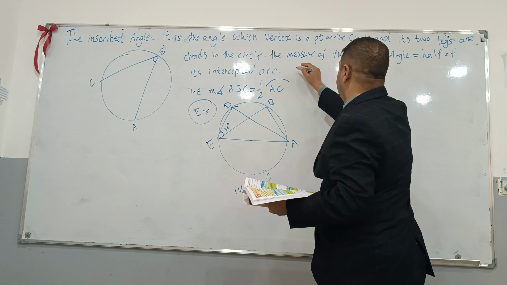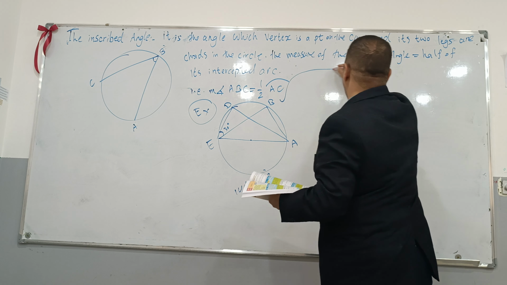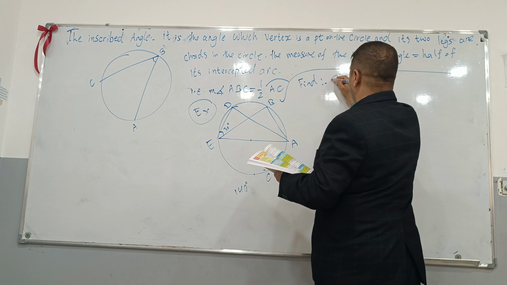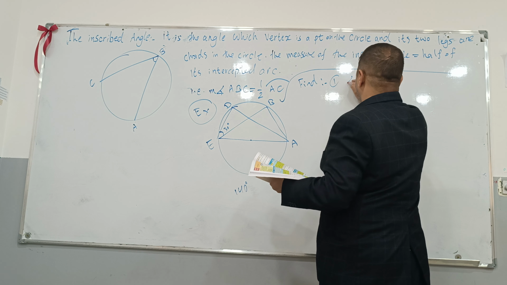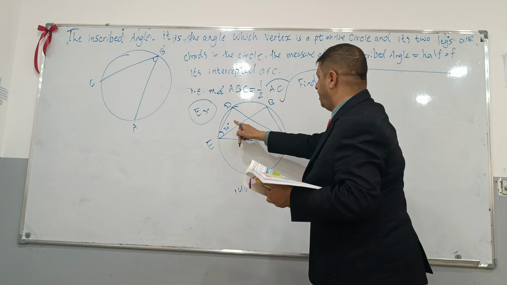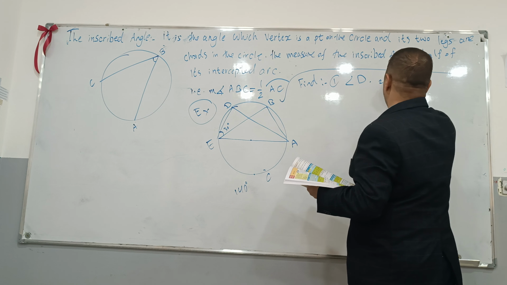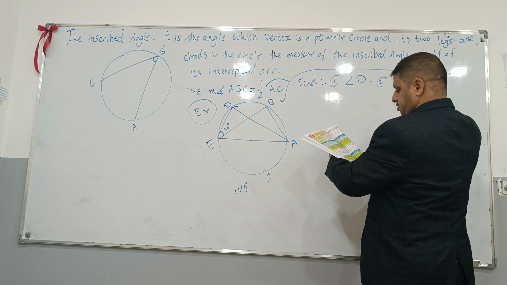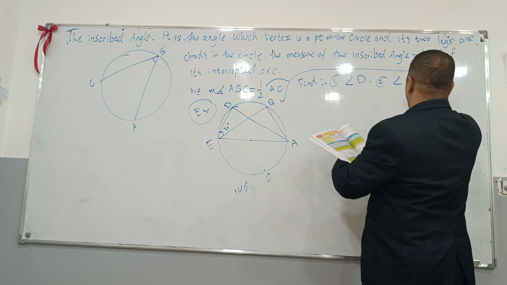He said, for this example, find one, the angle D, two, the angle BAD.